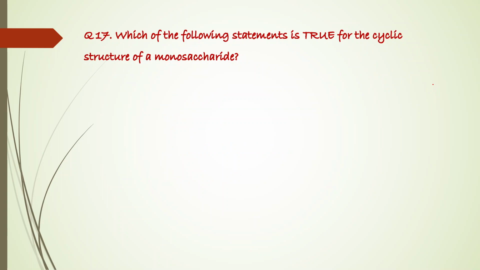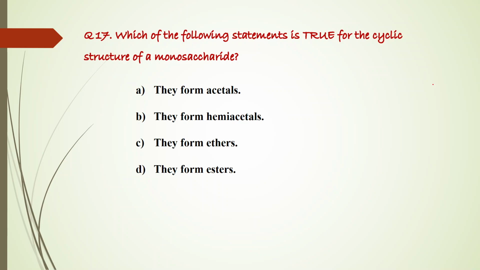Moving to the next one. Which of the following statements is true for the cyclic structure of monosaccharides? So you have to identify which statement is true for the cyclic structure of monosaccharides. So you have your cyclization.